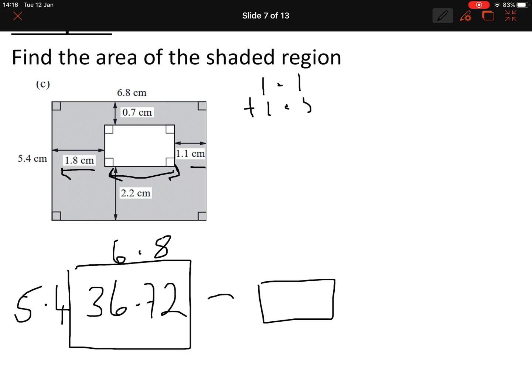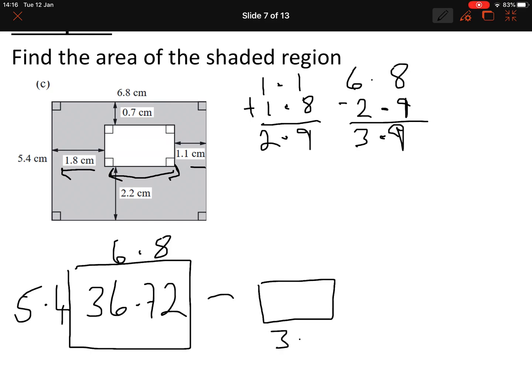The best thing to do is 1.1 plus 1.8 first, and the answer is 2.9. And when we subtract 2.9 from 6.8 with a calculator, you'll get 3.9, sorry, 3.9. So the width is 3.9 centimeters.